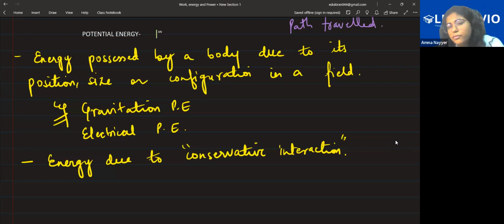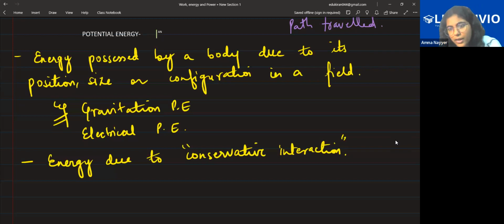Suppose two masses are present, two objects with a certain mass. Both the objects are able to exert gravitational force on each other. So that will be the gravitational potential energy. Two charges are present, electrostatic potential energy will exist because they'll be able to exert the electrostatic force on each other.